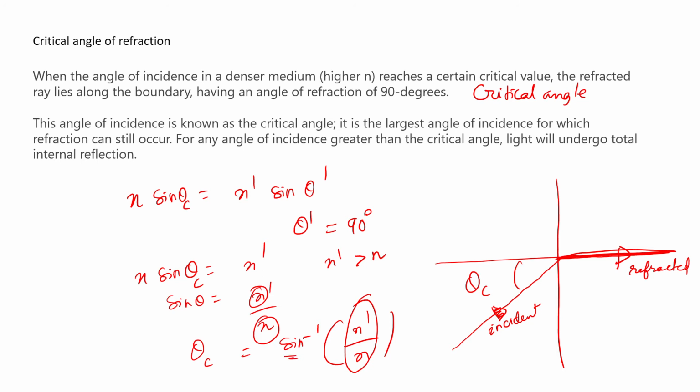This sine inverse exists only if n prime is less than n, right? So just bear that in mind. Here it is going from a medium of n to n prime, so it would only go at a critical angle when that happens. So bear that in mind.